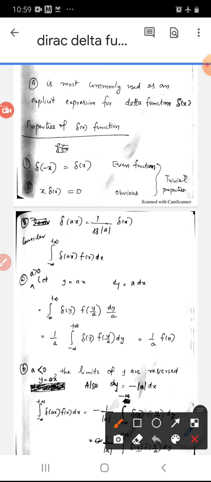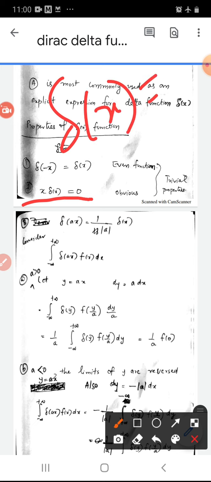It's an even function. Another thing, x delta x equal to 0, is so obvious, since we know delta x is equal to 0 when x not equal to 0.